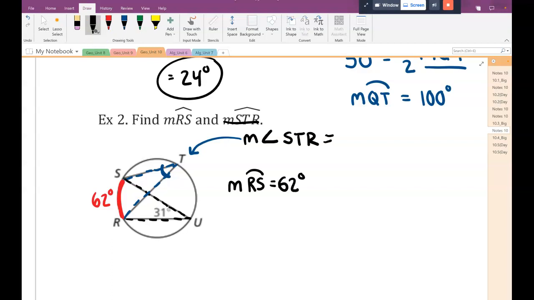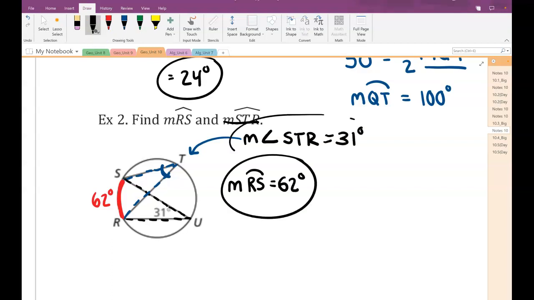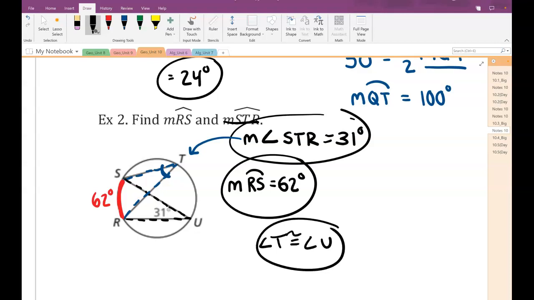So there's our two answers. So really we could say that angle T is congruent to angle U, which is really what the next theorem is getting at, once you flip to the next page and are done writing.